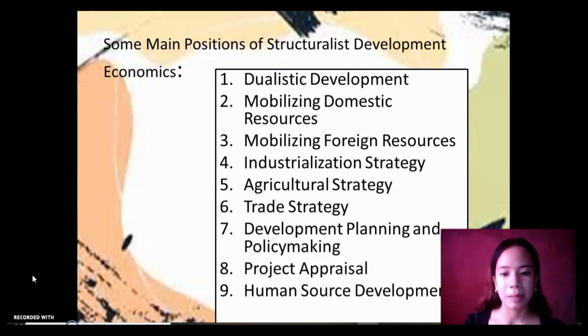Eight, project appraisal. Investment resources are scarce in developing countries. There was a particular need for the rational allocation of capital, and thus for development project appraisals by governments and international agencies just like the World Bank. And the last one, the human resource development.